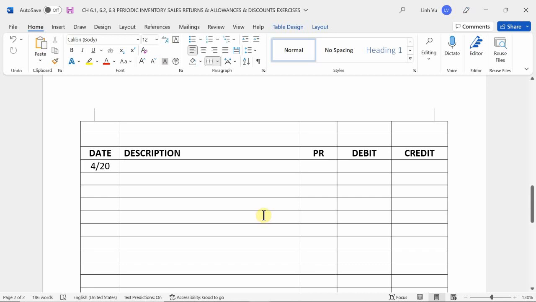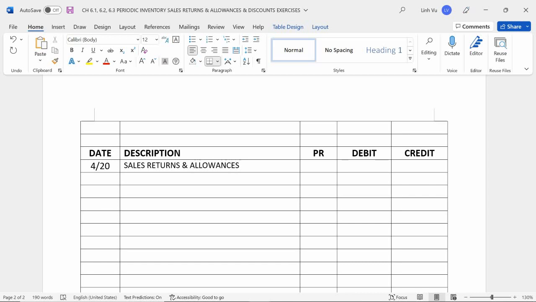Sales return and allowance. Right, it's the same account because in this case they both function the same exact way. So that's why it's sales returns and allowances, okay? Now, in any company, they can't have a separate one for returns and a separate one for allowances. But in this case, they function the same exact way, so I just treat them as the same thing, right?